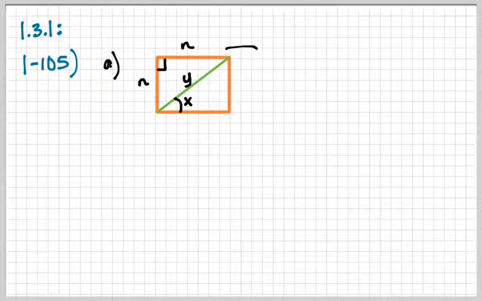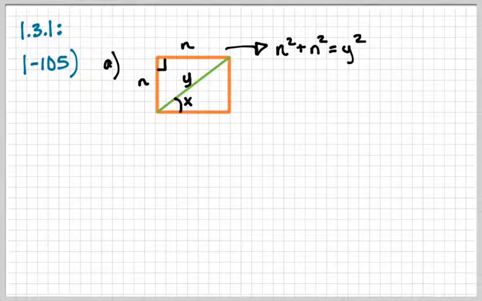From this, because it has a 90-degree angle, we can use the Pythagorean theorem to create a relationship between the sides. So n squared plus n squared equals y squared. And we can combine like terms, n and n, to get 2n squared equals y squared.